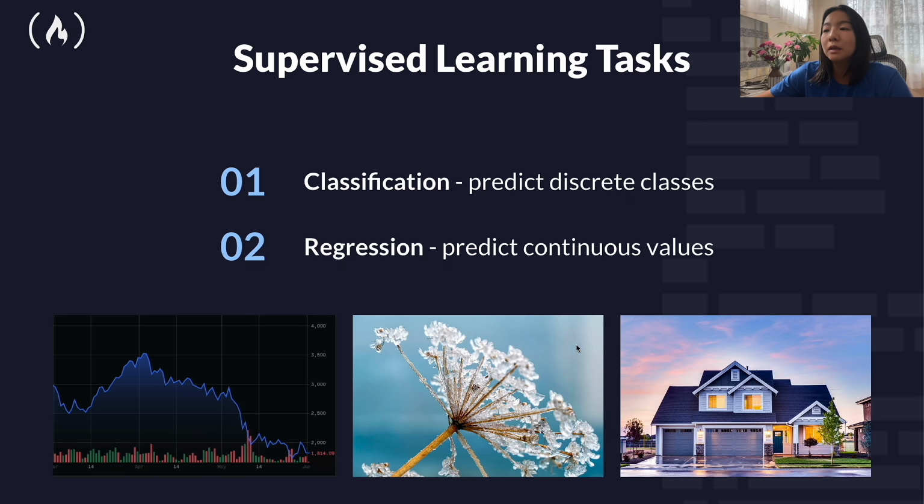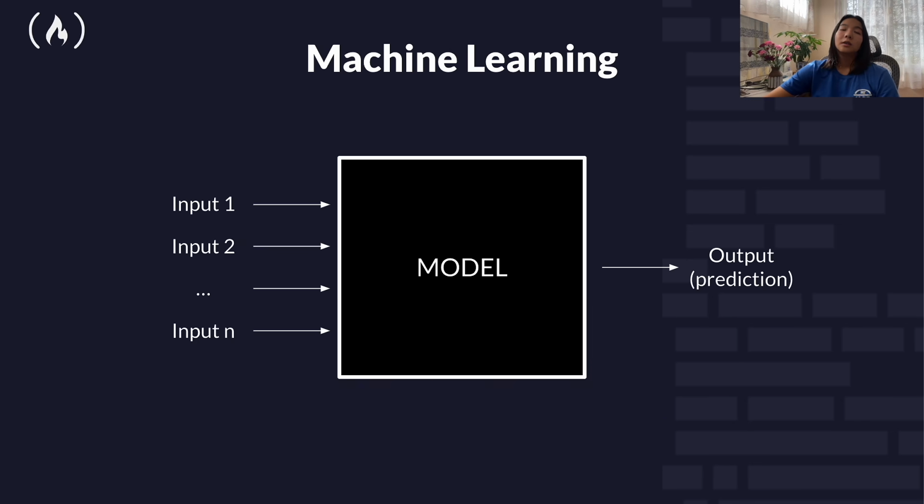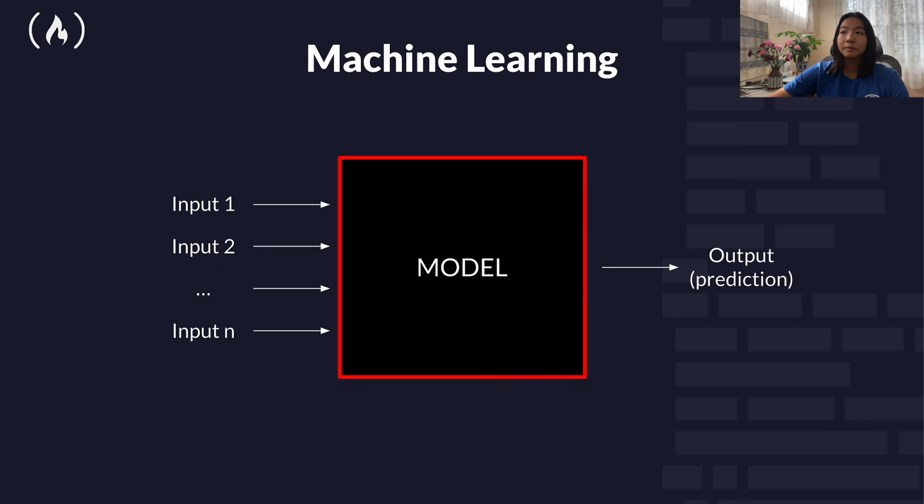Or it might be, okay, what is going to be the temperature? Or it might be, what is the price of this house? Right? So these things don't really fit into discrete classes. We're trying to predict a number that's as close to the true value as possible using different features of our data set. So that's exactly what our model looks like in supervised learning.